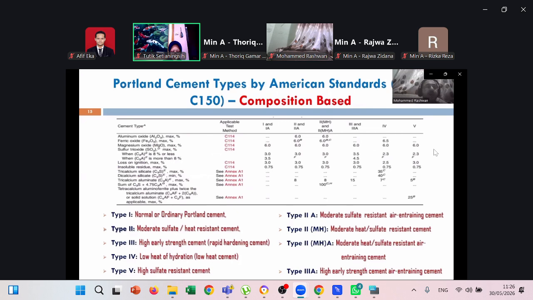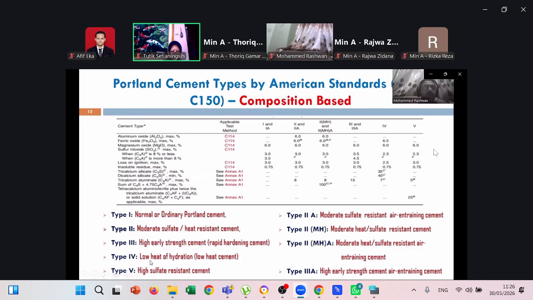Type 3 is high early strength or rapid hardening cement. We use this type of cement especially in cold weather or in projects which we must open quickly.